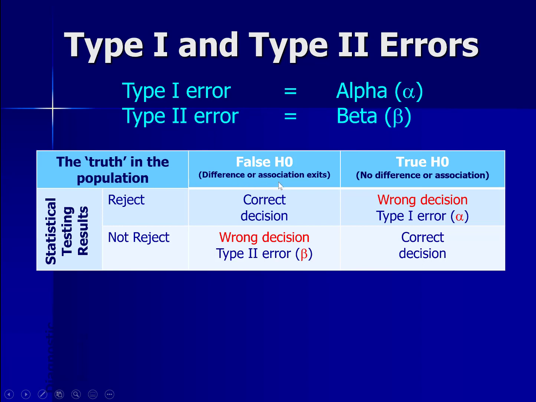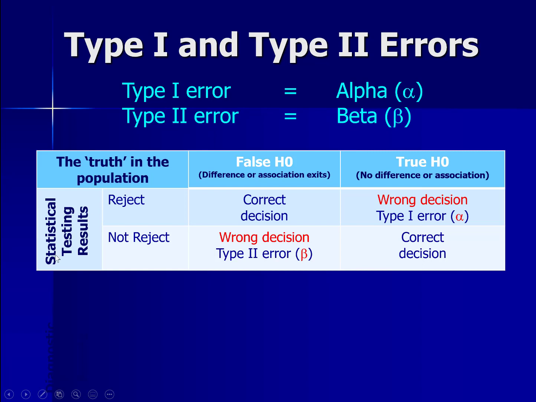So here are the definitions. If the truth in the population is that the null hypothesis is false, that means there is a difference between the two measurements, or there is an association. And a true null hypothesis means there is no difference or no association. This is in the population, or in reality.